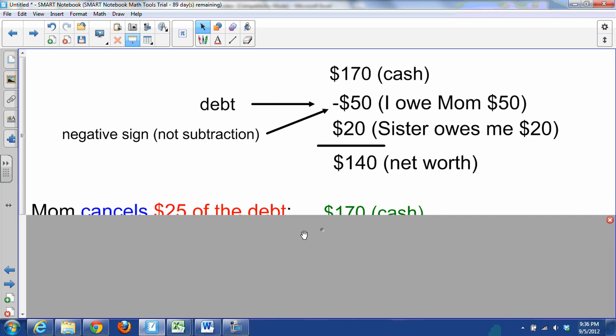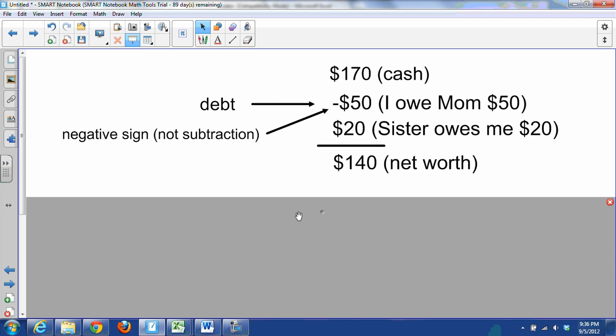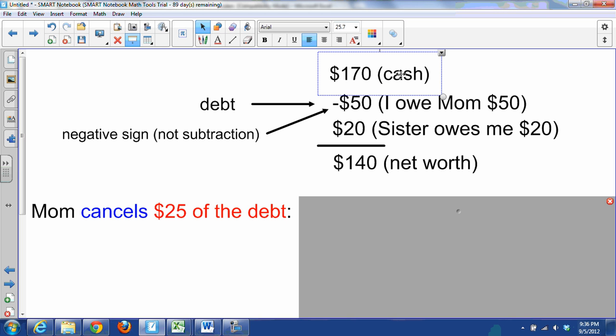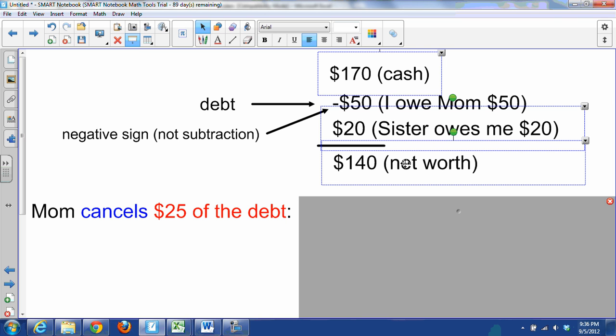Okay, now, suppose mom cancels $25 of your debt. Doesn't cancel your whole debt. She cancels $25 of your debt. First of all, I'm going to do a little color coordination up here. The $170 cash, I'm going to color positive money green.